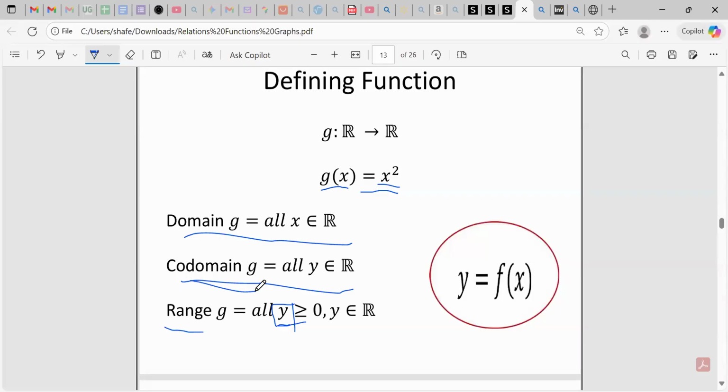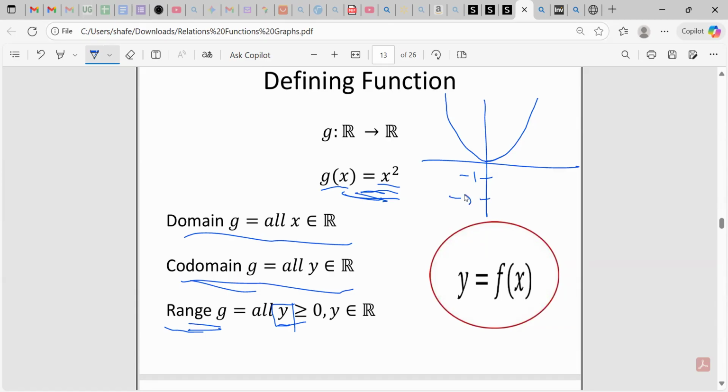The reason why I say this is that if you were to plot this, the graph looks like this. When you talk about the range, you really mean what are the possible outputs that you can get from this function? You can't get -1 because the graph comes here and turns back right here and goes back.